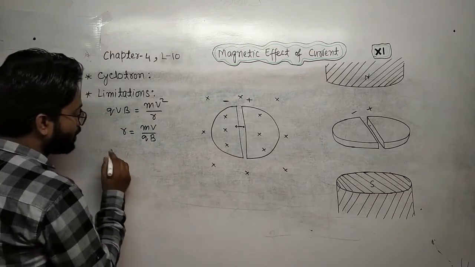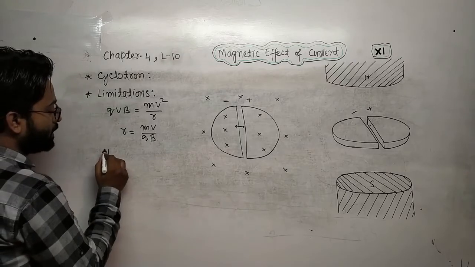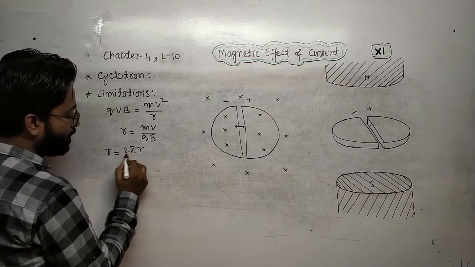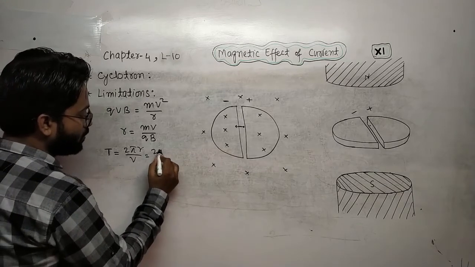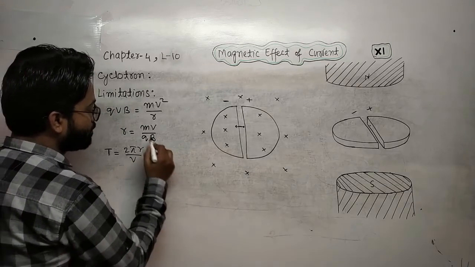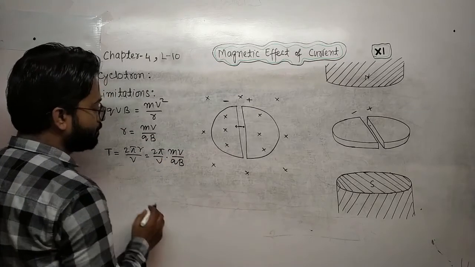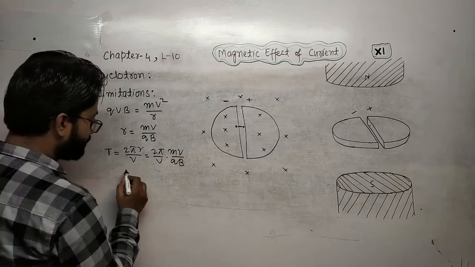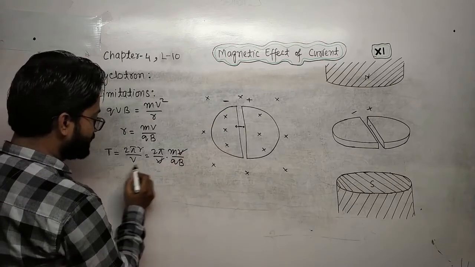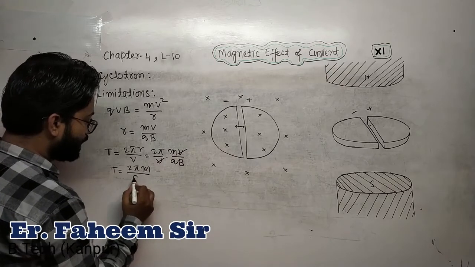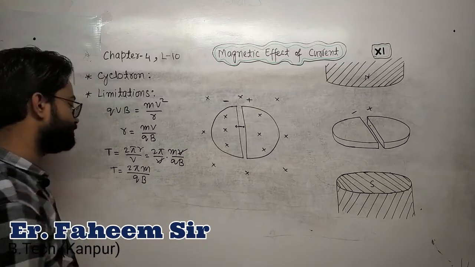If we talk about the time period, T is 2 pi r upon v, which is 2 pi upon v times, in place of r, mv upon qB. Finally we cancel, and the time period will be equal to 2 pi m upon qB.